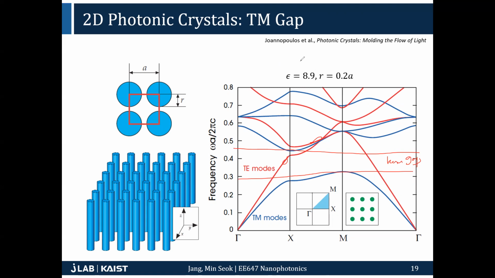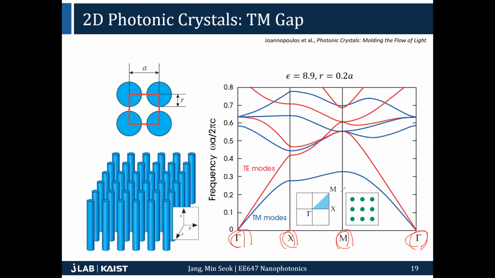Another thing you can probably notice is that we have these characters that didn't appear in our previous 1D problem: Gamma, X, M, Gamma.